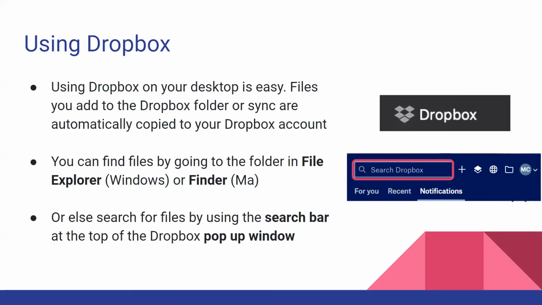You click on that, you'll get into this menu, and you'll see this search Dropbox option. You can type in whatever file name you're trying to find, and it'll give you your results there. You can also find those files by just opening your Dropbox account. So again, that little folder icon in this blue menu here, second to the right. If you click on that, it'll also open the Dropbox folder on your computer and you can find your files there.